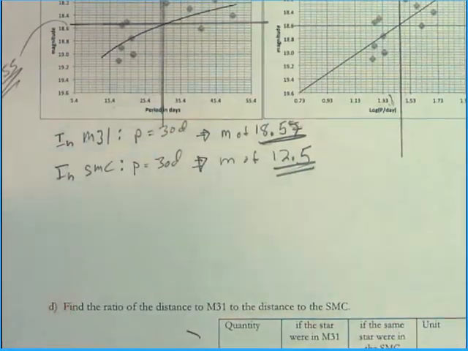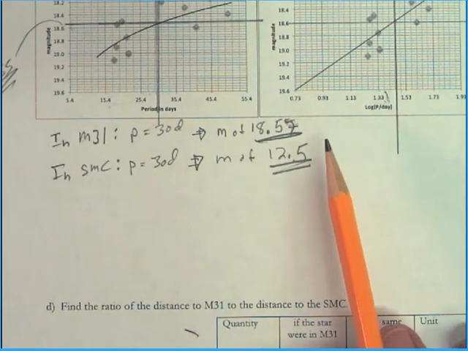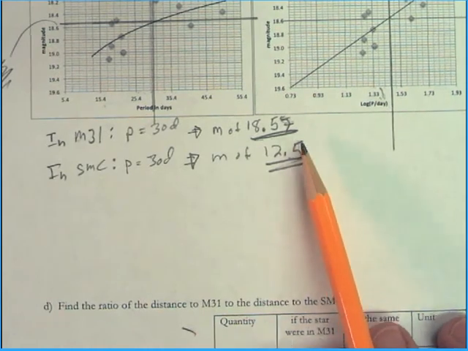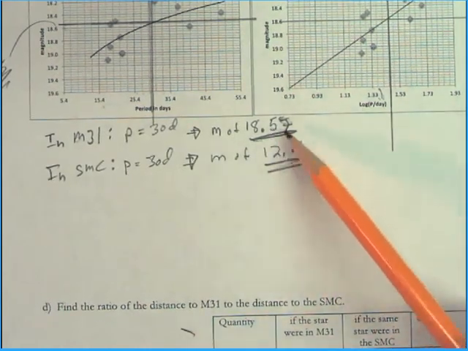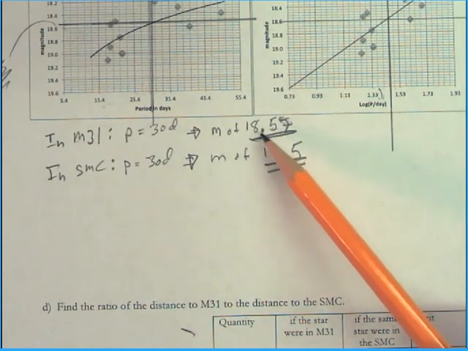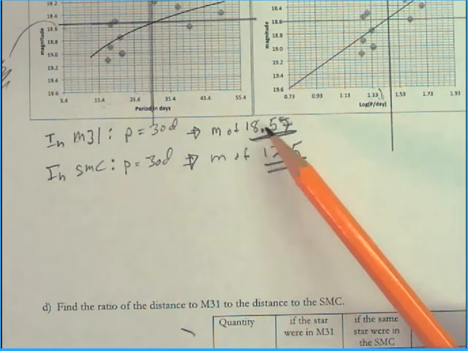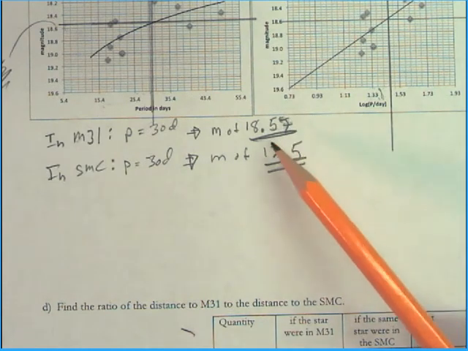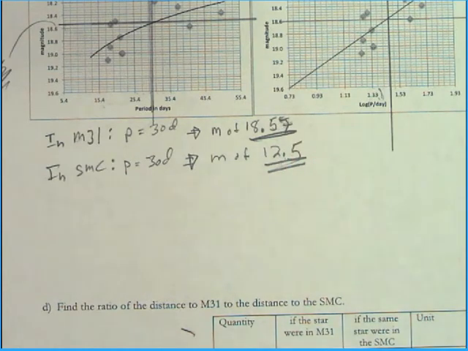Okay? So, we now know that if we had a corresponding object in both, the difference would be about 6 magnitudes. 18.5 minus 12.5 is about 6.